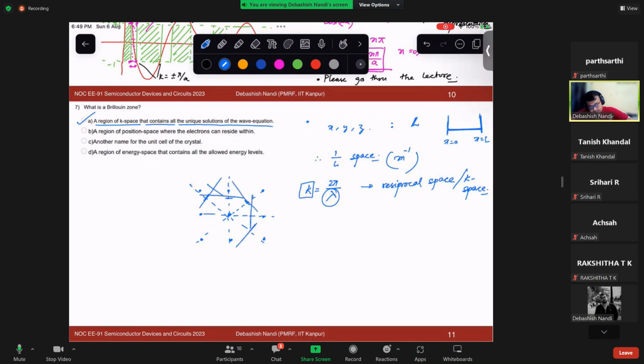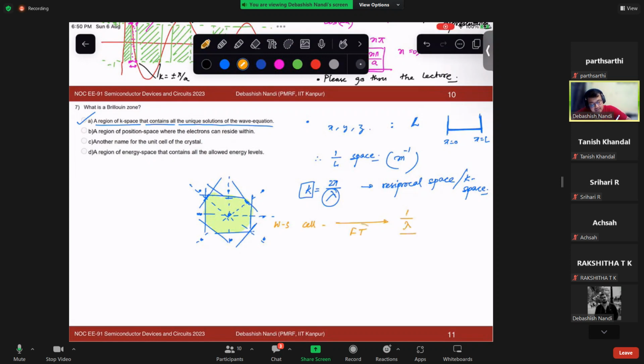This is there in lecture number 9. So just for the sake of completeness I'm telling. You will find a space something like this. This is called your Wigner-Seitz cell. And if you just do the Fourier transform, then you will get a 1 by lambda kind of stuff, right?